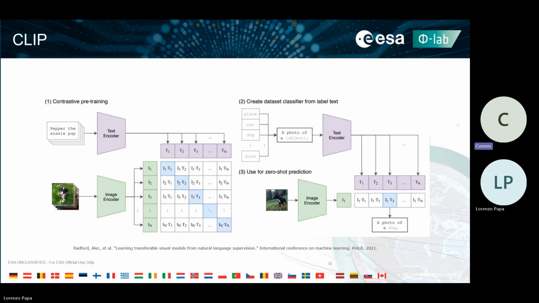Why this? Because at the end, they designed this table, based on the input images and the input text that you give. And the model wants to learn to maximize, like in a diffusion matrix, this diagonal. This is really important because that's true. You have the label, you have the images, but in this way, after training many times, you can use, let's say, what is called zero-shot prediction. So what happens?